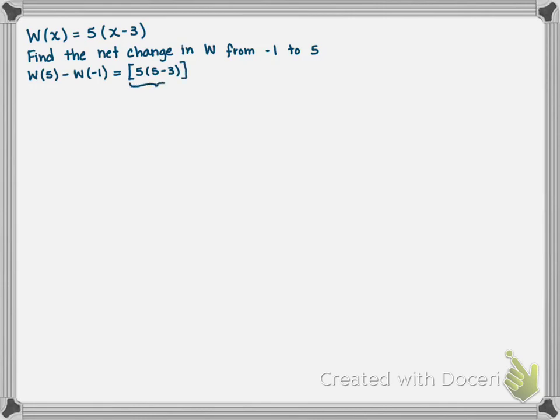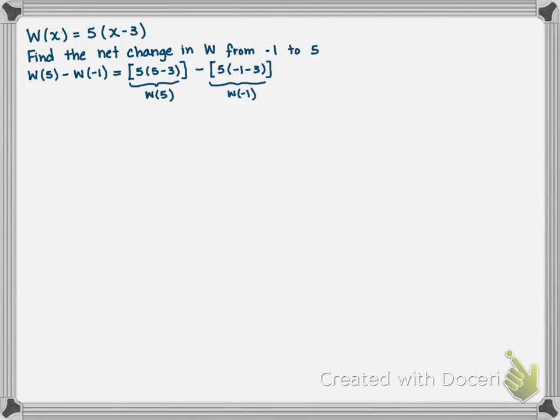So this is my W of 5, and then minus, now I want to evaluate for -1, so 5 times -1 minus 3. And this is my W of -1.